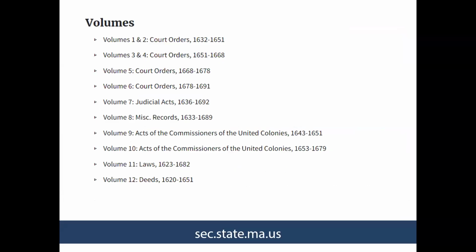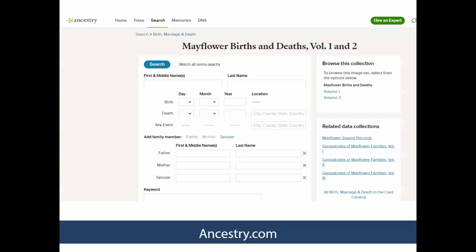This 12-volume set goes over all things going on in Plymouth Colony at this time. So if you want to look into what was going on in the courts, the different laws, the different land deeds, there is very detailed information that could help you understand more of the specifics, and understand more of the primary documentation that's been published.